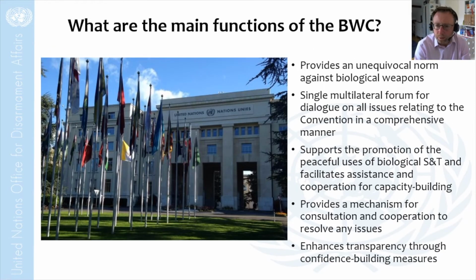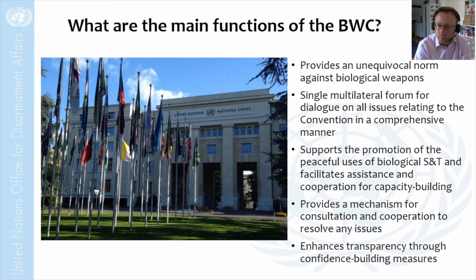So the main functions of the Biological Weapons Convention are as follows. It provides an unequivocal norm against biological weapons. It really functions as the single multilateral forum for dialogue on all issues relating to the convention in a comprehensive manner.